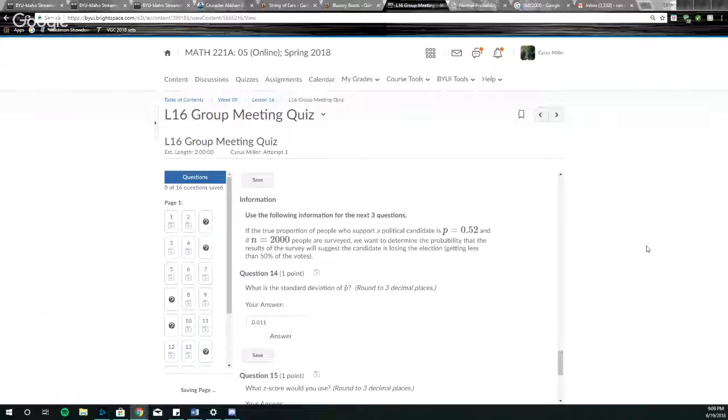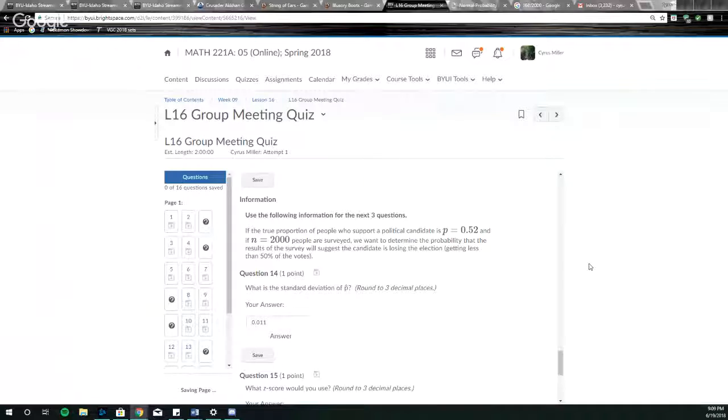Because I used 0.49. I wasn't too sure, just because it says results will suggest the candidate is losing the election, gets less than 50% of the votes, because that's what we're trying to figure out. But I don't know.